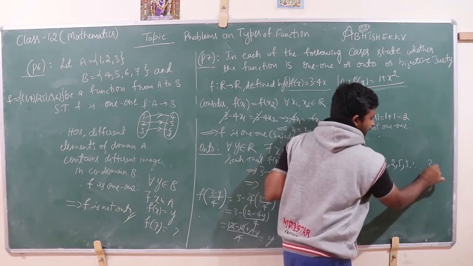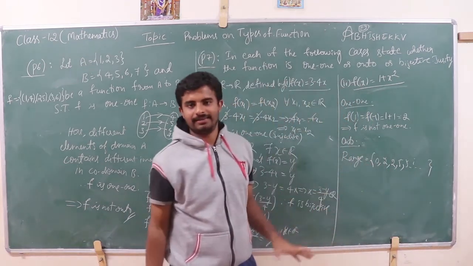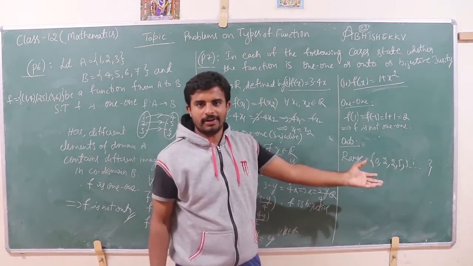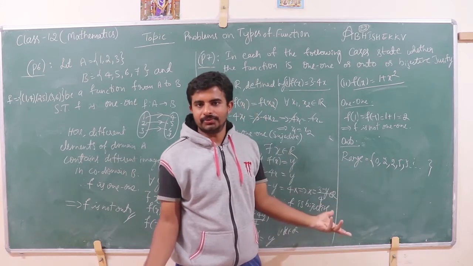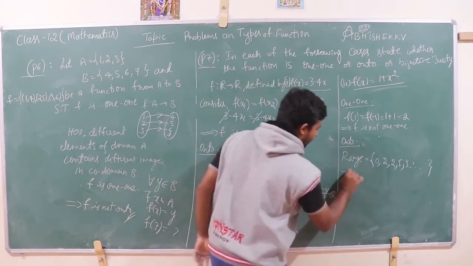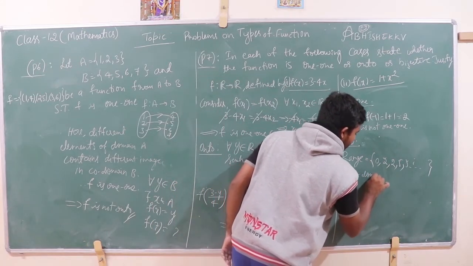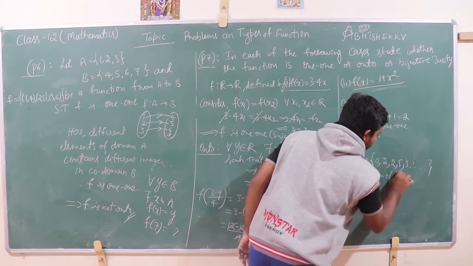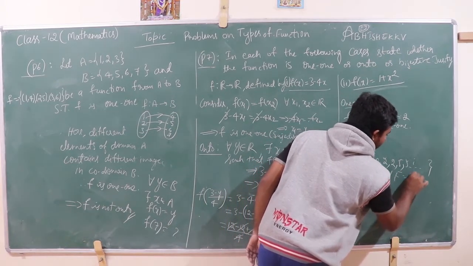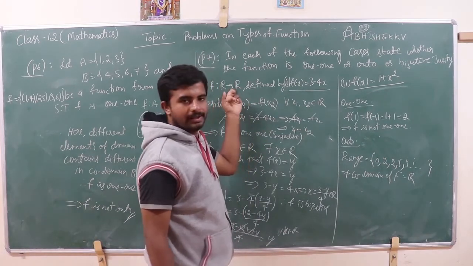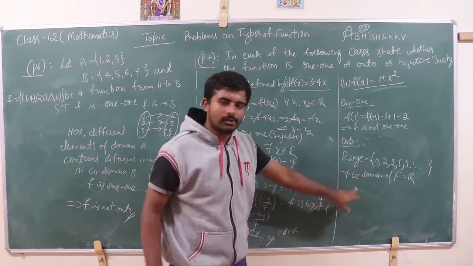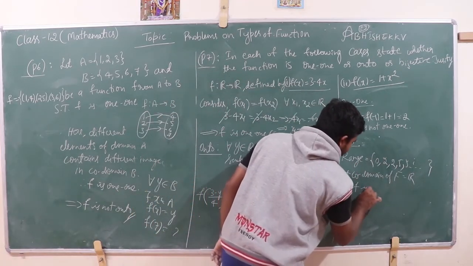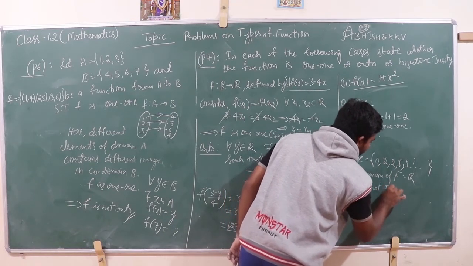Here you are getting the set of all positive numbers. It does not contain the negative numbers. Therefore, the range is not equal to the codomain of f, which here is the set of real numbers. Since the range is not equal to the codomain, this implies f is not onto.